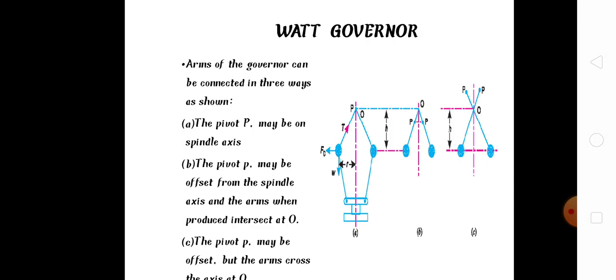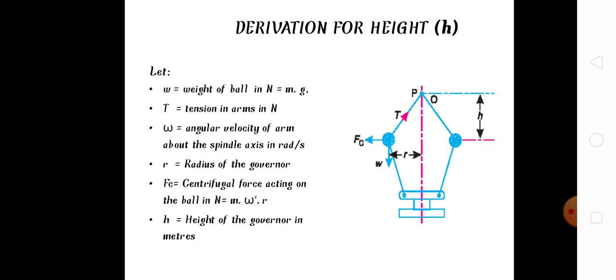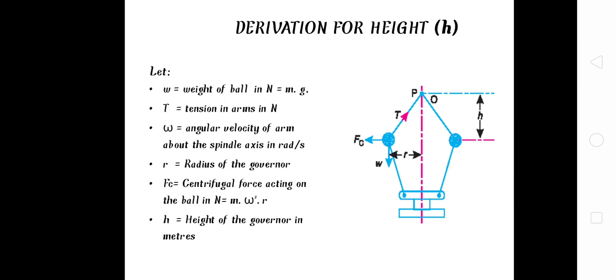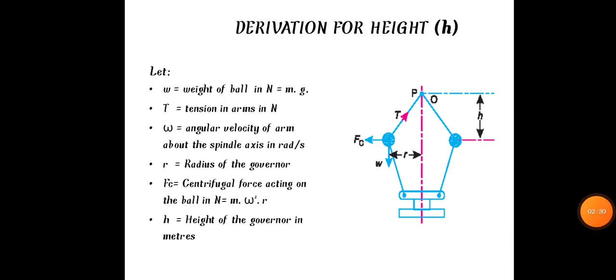Now we will move towards the derivation for the height h for the Watt governor. Let m be the mass of the ball in kg. Let W be the weight of the ball in newtons, and we know W is mg, where m is the mass of the ball in kg.